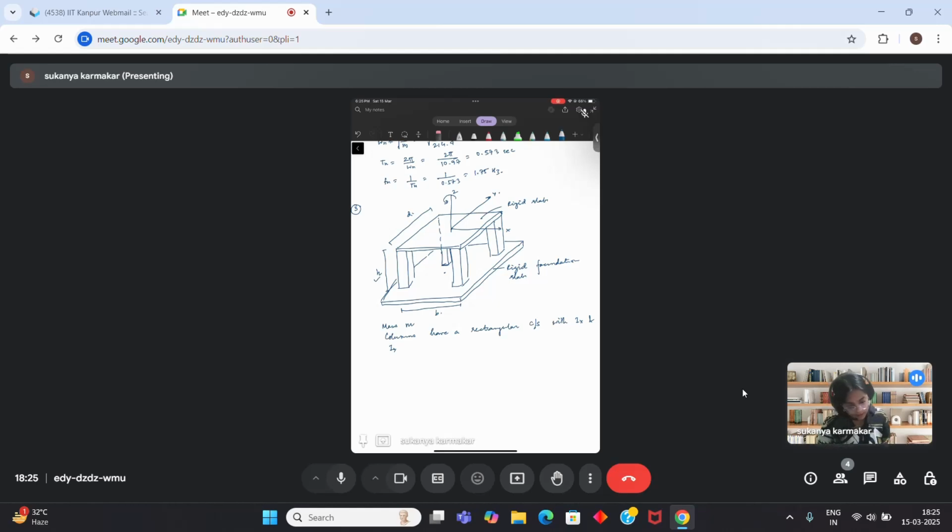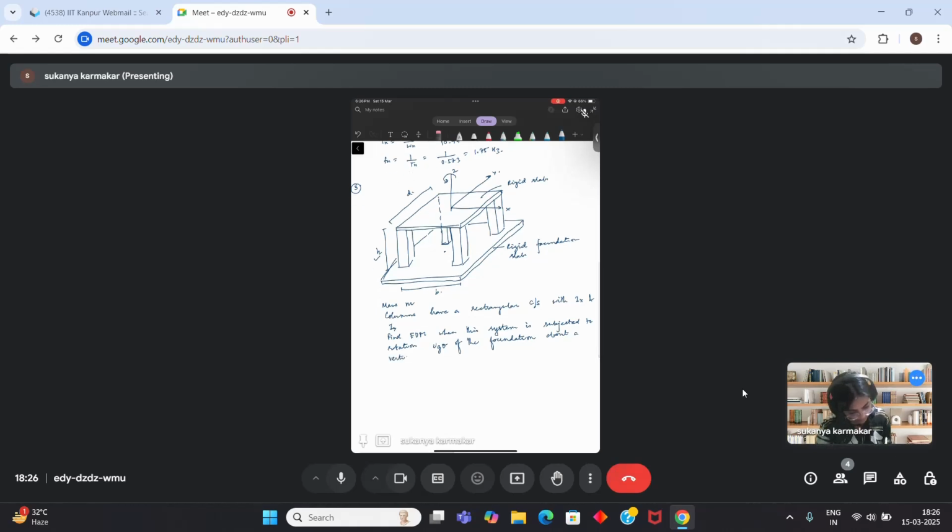So find equation of motion when this system is subjected to rotation UG theta of the foundation about a vertical axis.